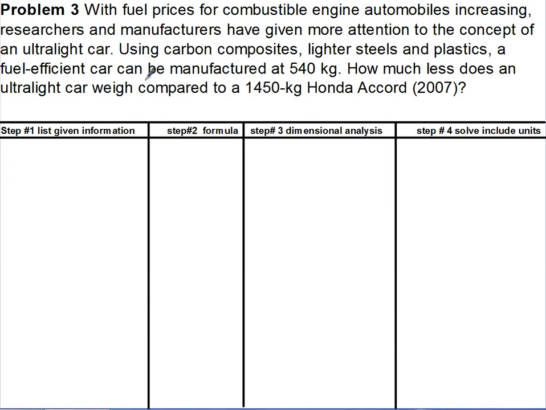Okay, one more and then we will move on, because these are all pretty redundant, pretty much the same thing. You got two masses here. They're going to ask you to solve them in terms of their weight in newtons, I believe. Let's see, how much less does it weigh? So yeah, we can solve for the weight in newtons the same way we've been doing.